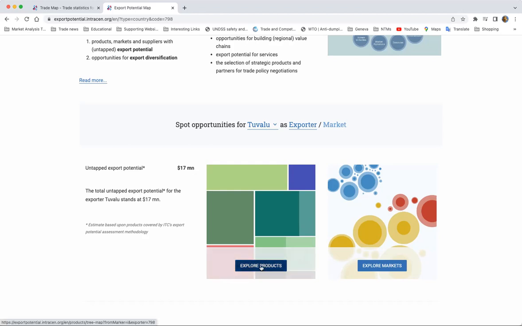I will show you later what all the different factors are that we take into account, so you understand more or less how we calculated this. But for now, let's say that there is untapped export potential of 17 million US dollars.